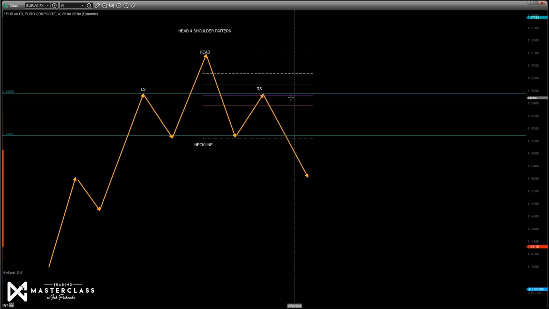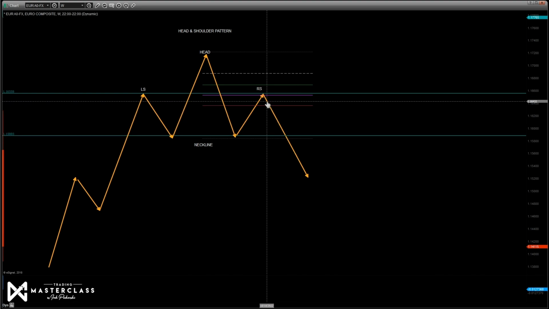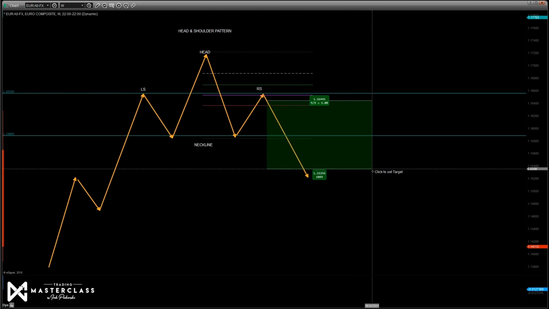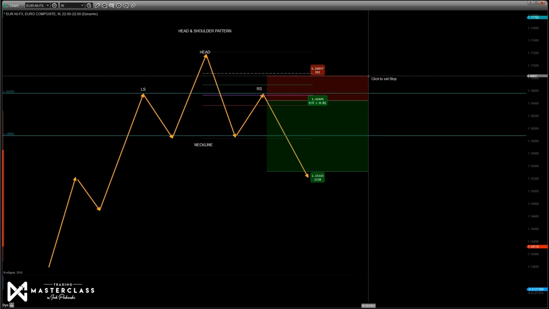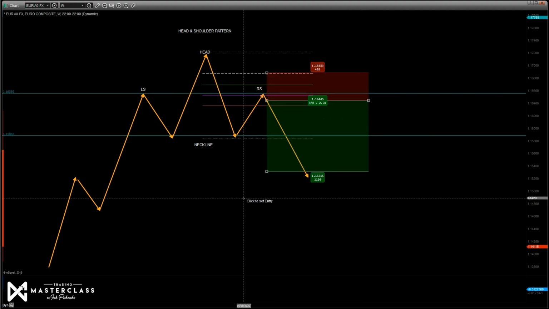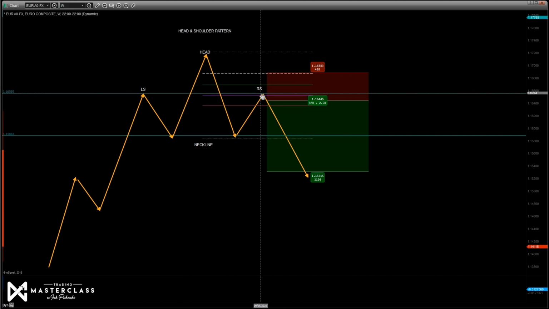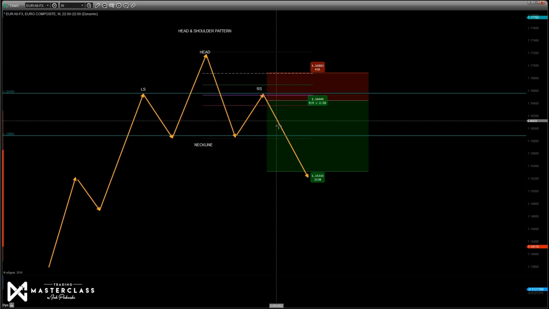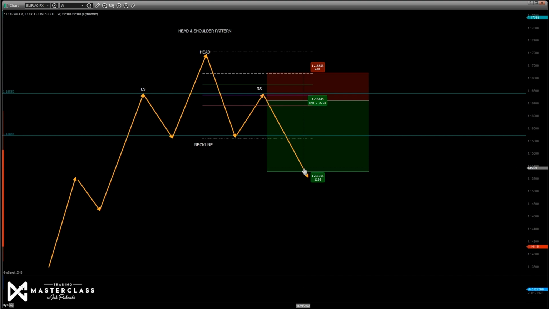Now, how would you play these kind of patterns? So this is obviously a bearish reversal pattern, but there's two ways to play it, okay? One way, the more advanced, riskier option, is to trade down on the right shoulder. So if you get a confirmed rejection, candlestick reversals, remember that? If you get a candlestick reversal on the right shoulder, then you can take the breakout, the break down to the downside.